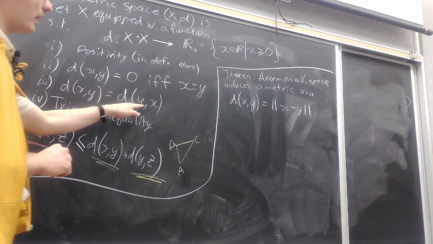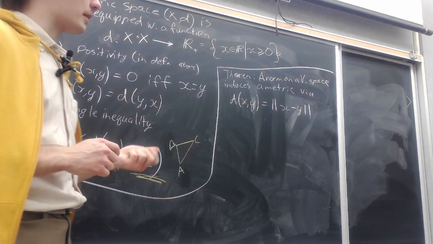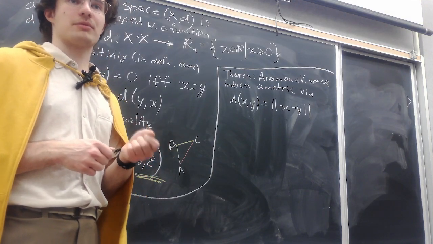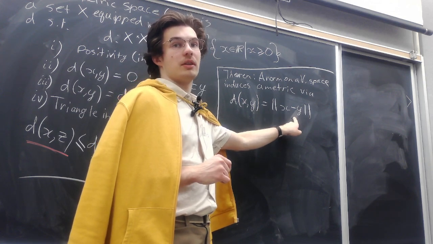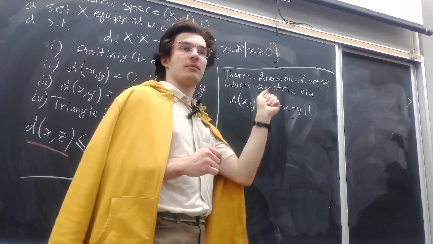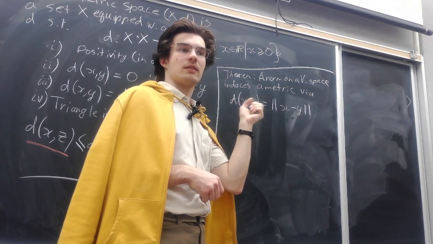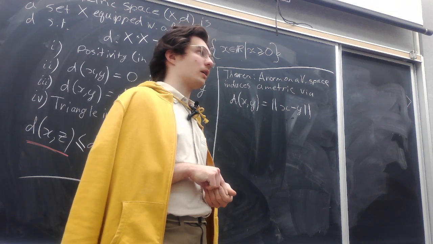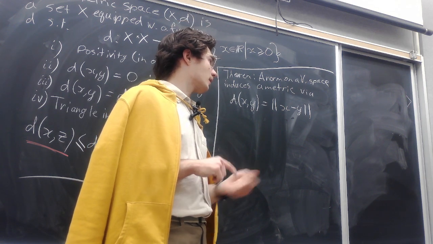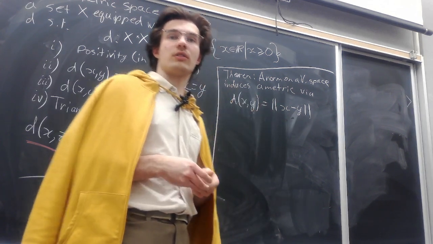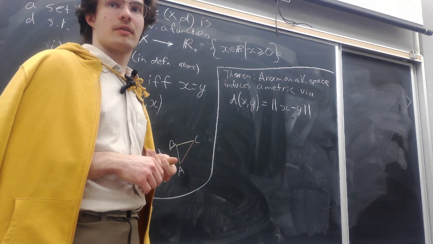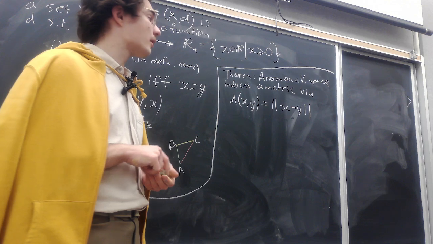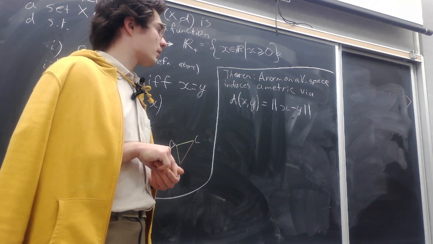d(x, y) equals d(y, x). Why does this work? Because remember, I can always factor out the absolute value of a scalar. So if I multiply by minus 1 in the middle, I can factor out this minus 1, and it comes out as just a 1 and doesn't affect anything in the norm.